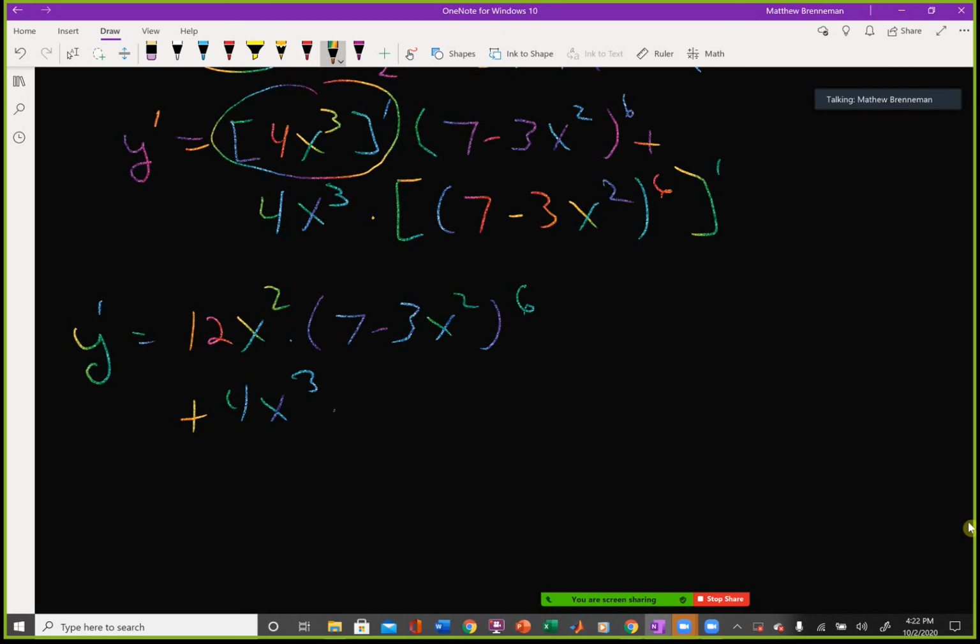This is the blob, right? So what is the derivative of blob to the 6th? The derivative of blob to the 6th with respect to blob is what? Six blob to the 5th, right?